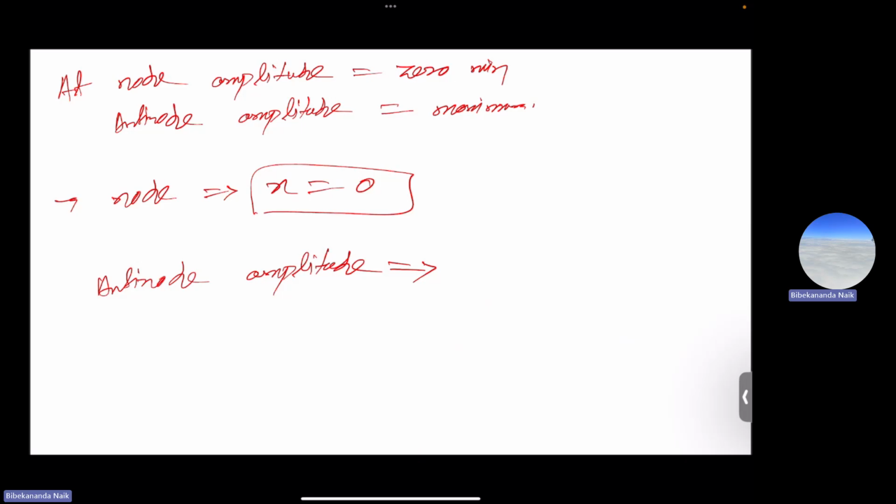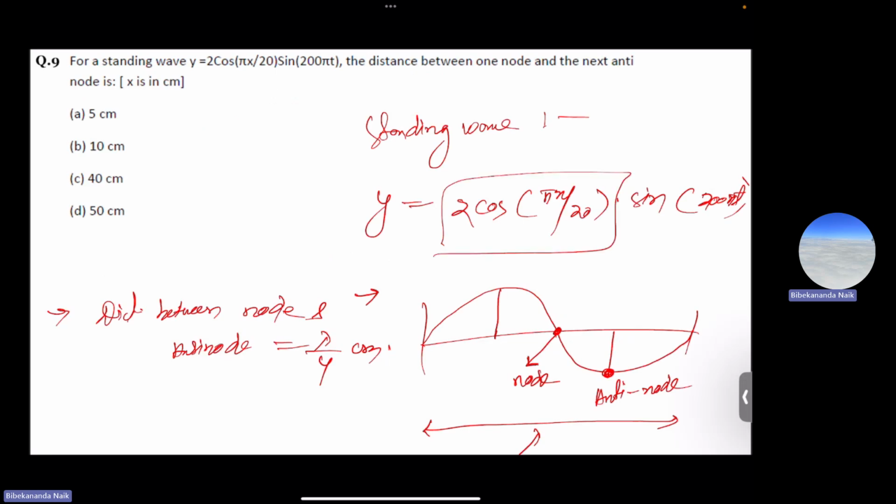a node will not be at x equal to 0, because here the amplitude is A equals 2 cos pi x by 20, because this is the amplitude part, so 2 cos pi x by 20.